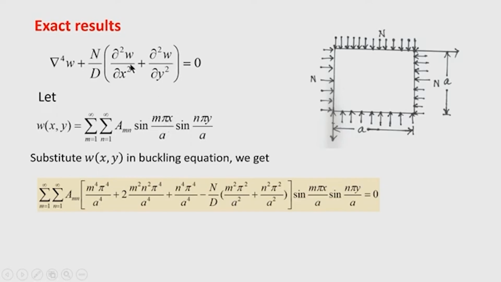Substituting this in the differential equation, we now get this form, that is the double summation a m n, m to the power 4 pi to the power 4 by a to the power 4 plus 2 m square n square pi to the power 4 by a to the power 4 plus n to the power 4 pi to the power 4 by a to the power 4 minus N by D, m square pi square by a square plus n square pi square by a square, then sin m pi x by a sin n pi y by a equal to 0.